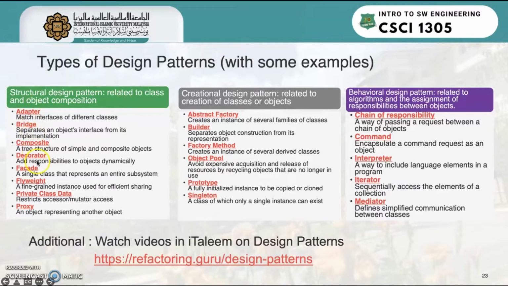Examples are adapter, bridge, composite, decorator, facade, flyweight, private class data, and proxy. These are only examples; there are hundreds of design patterns. These can solve problems related to class and object composition. The second category is related to creation of classes or objects. If your problem is related to the creation of classes or objects, you can refer to this category of design pattern.